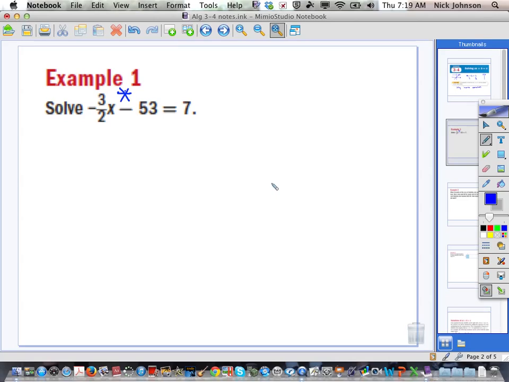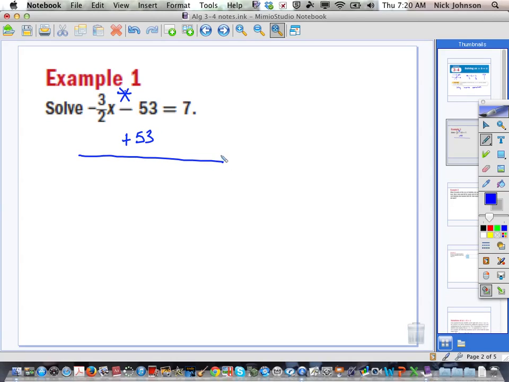So the first thing you have to do is add or subtract first. We work backwards in algebra. So if you look here, am I subtracting anything? Well, I'm adding or subtracting 53. Here I am subtracting 53. So the inverse of subtracting 53 is adding 53.